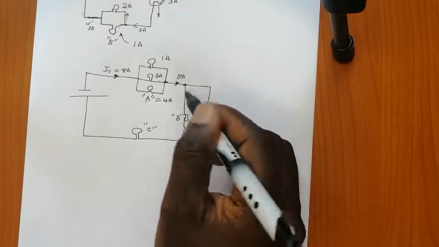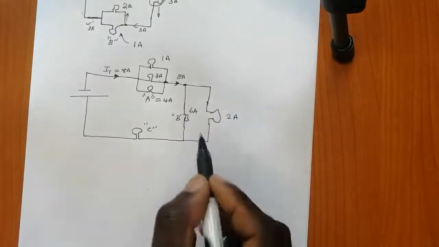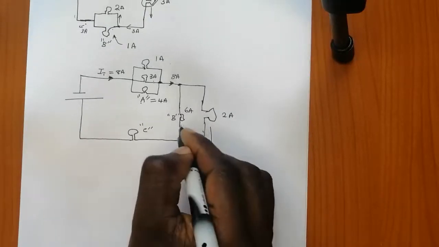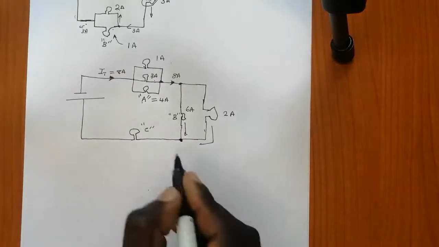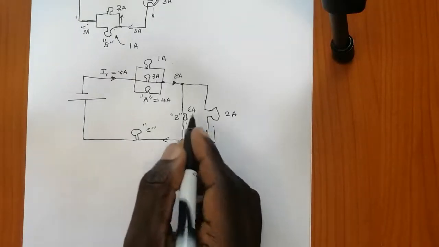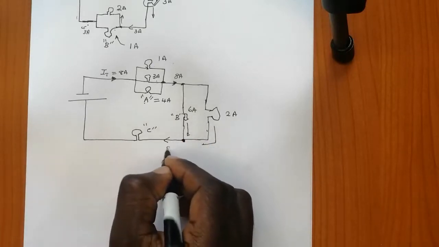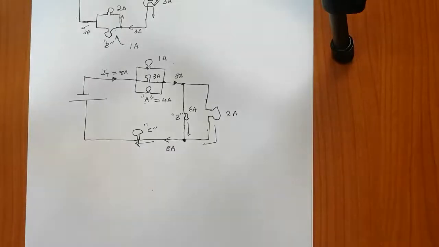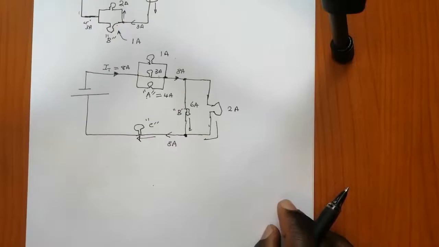Therefore, it's 8 minus 2, which gives you 6 amperes, and 2 comes this side, and this one also comes this side. Therefore, they will meet at this junction, and we will have 6 plus 2, which is 8. Therefore, there will be 8 amperes in this bulb. So I think now it should make sense.